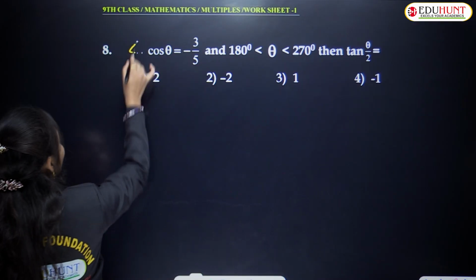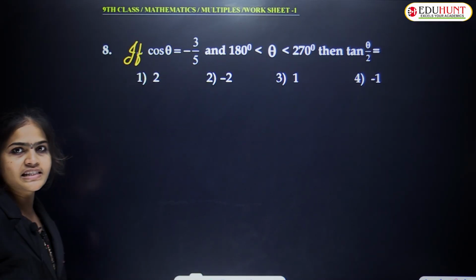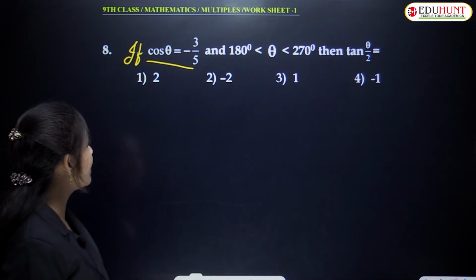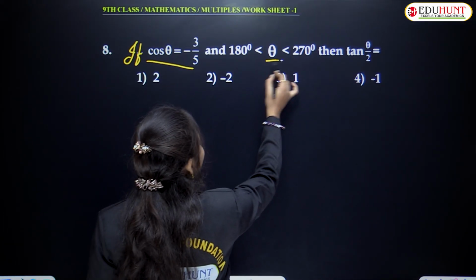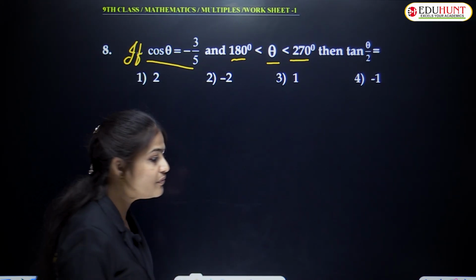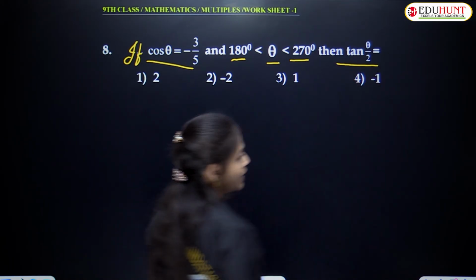Here the printing is not given, that is "if". Just see that: if cos theta is equal to minus 3 by 5 and theta lies between 180 degrees and 270 degrees, then we need to find tan theta by 2.